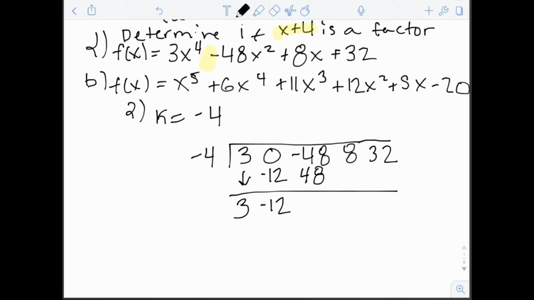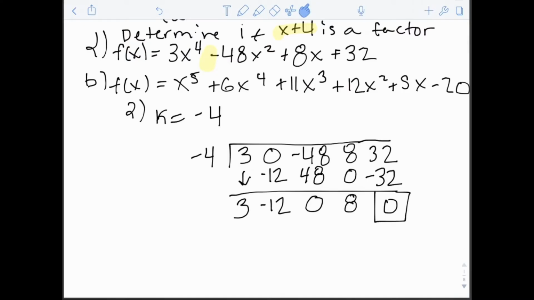Now, when we add these two together, we're going to get a 0. 0 times negative 4 gets me a 0. 0 plus 8 is going to get me an 8. And then finally, 8 times negative 4 gets me a negative 32. So that leaves me with a remainder of 0.